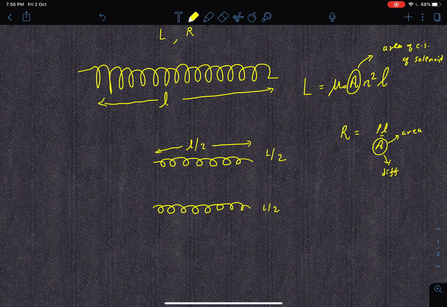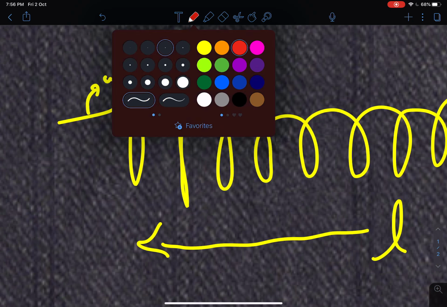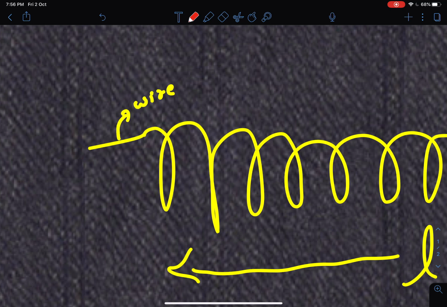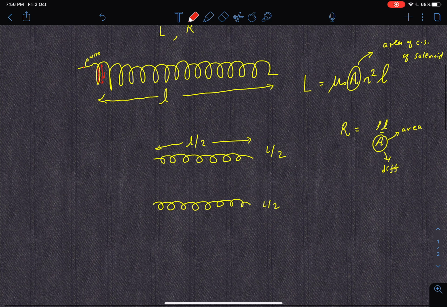So in case of resistance, we are talking about the area of cross section of the wire itself, this tiny area of cross section that you will see, whereas in case of a solenoid, we are talking about this area. This is the diameter.